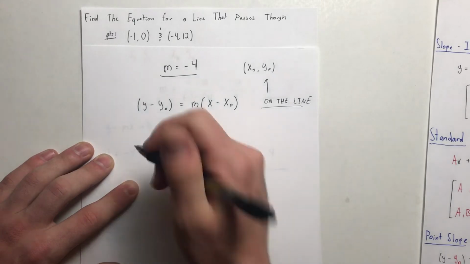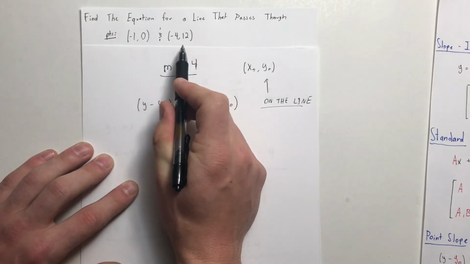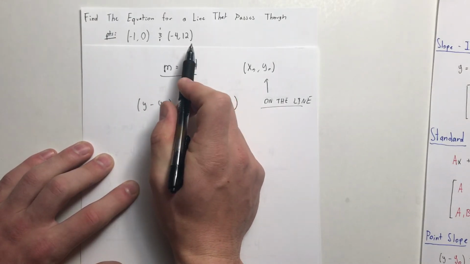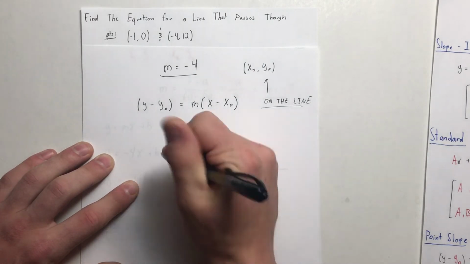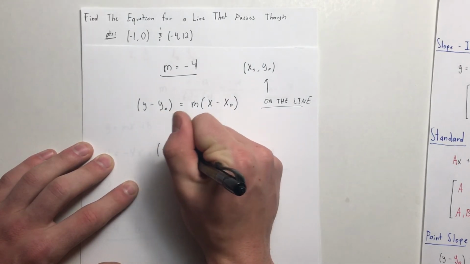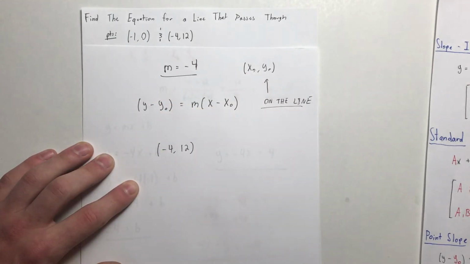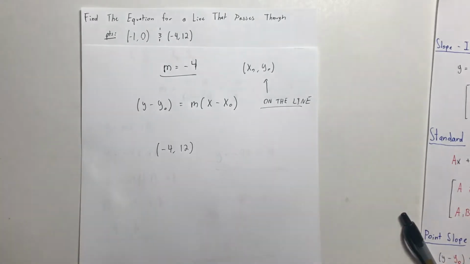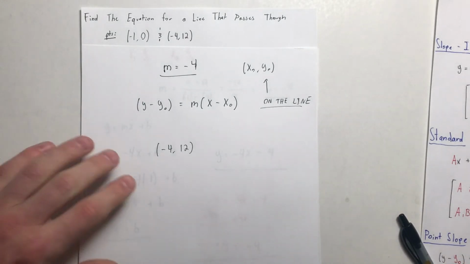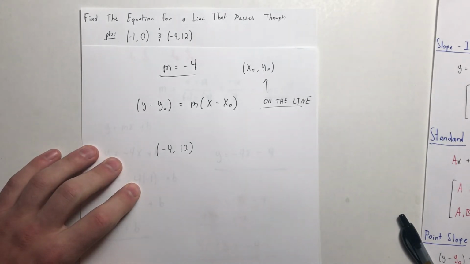So let's go ahead and do that. Let's pick negative 4 comma 12 for this one. So we're going to pick the point negative 4 comma 12. Again, it doesn't matter which point you pick. And once again, kind of like I did in the earlier part of the problem, I want to label my points. I definitely want to avoid trying to switch any x's or y's. I want to make sure that I keep everything straight.